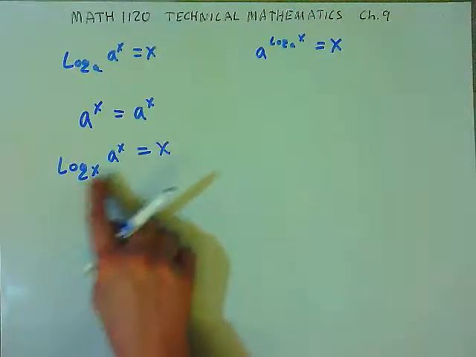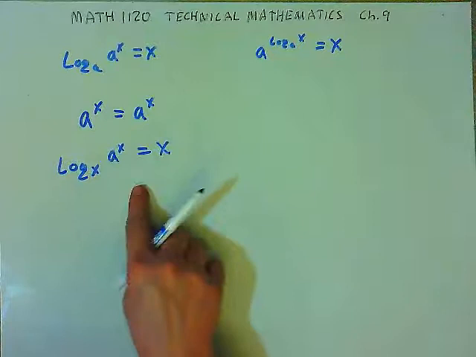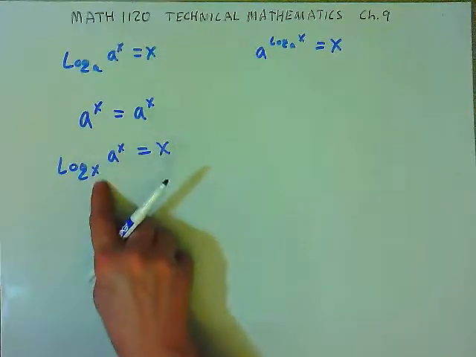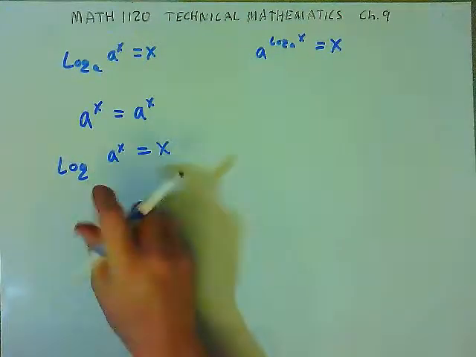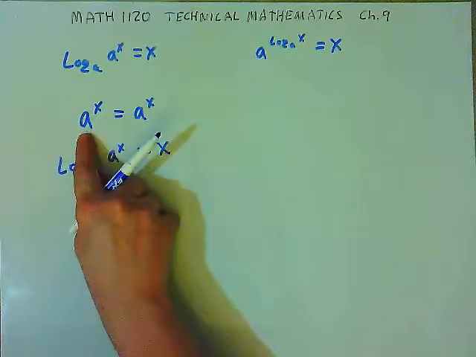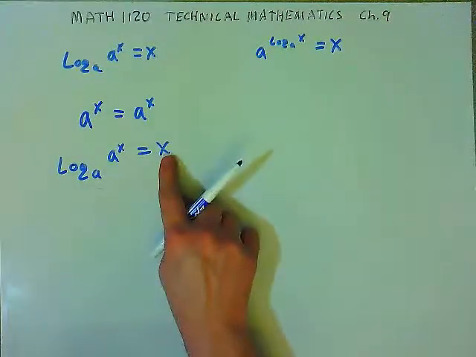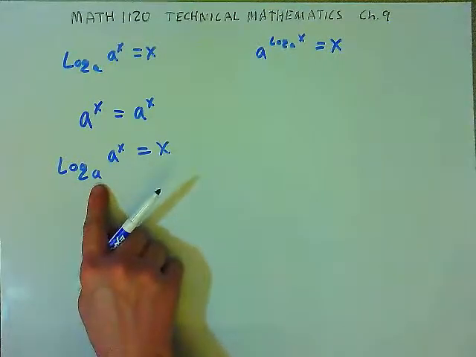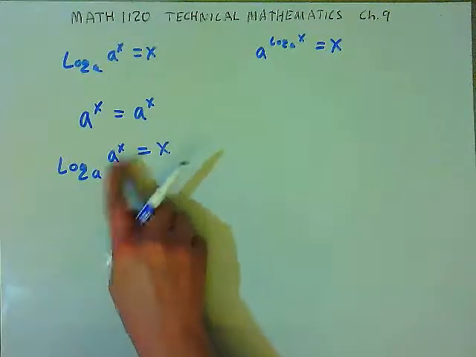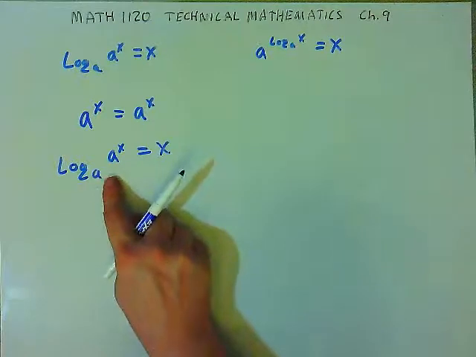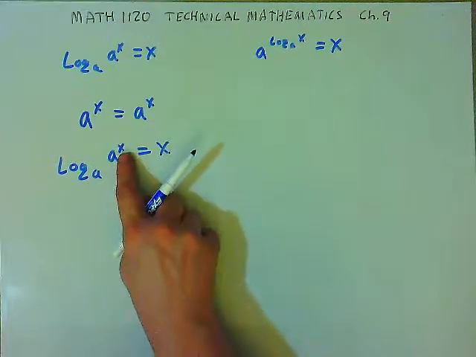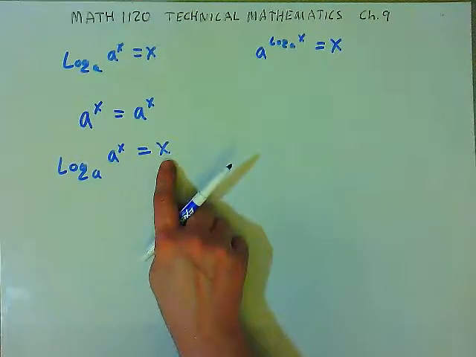And I'm sorry, I made a big mistake here. The base is supposed to be a, not x. This is log base a of a to the x should be equal to the exponent x. And so anytime we have log base a of a to some power, and a can be any real number, the log base a and the a cancel, and the answer is just whatever the exponent was.